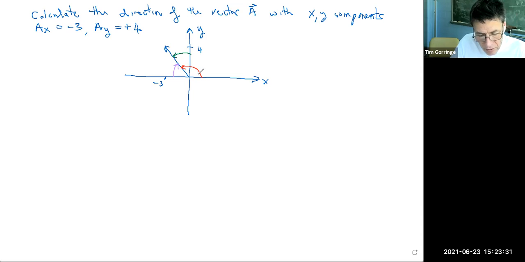So this angle in red, this angle in magenta, this angle in green are just different ways of quoting the angle.